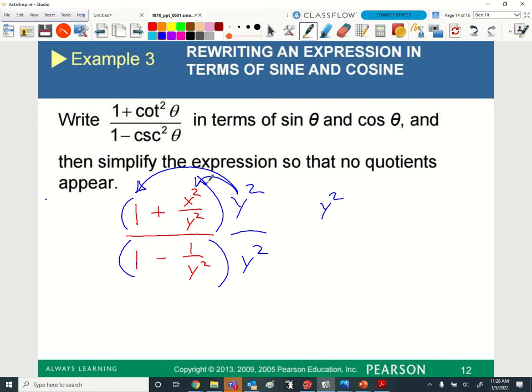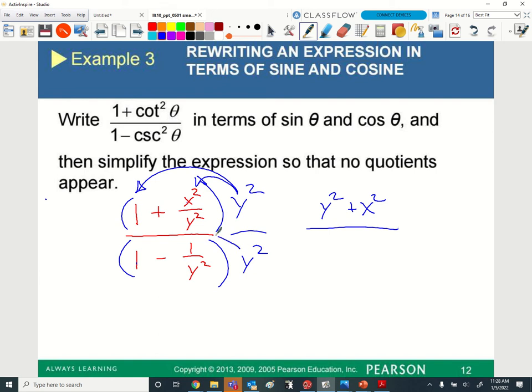Multiplying is on top, dividing is on bottom, so the y squareds cancel. So just x squared. Now I have uncomplicated the numerator, right? Yes? Good.